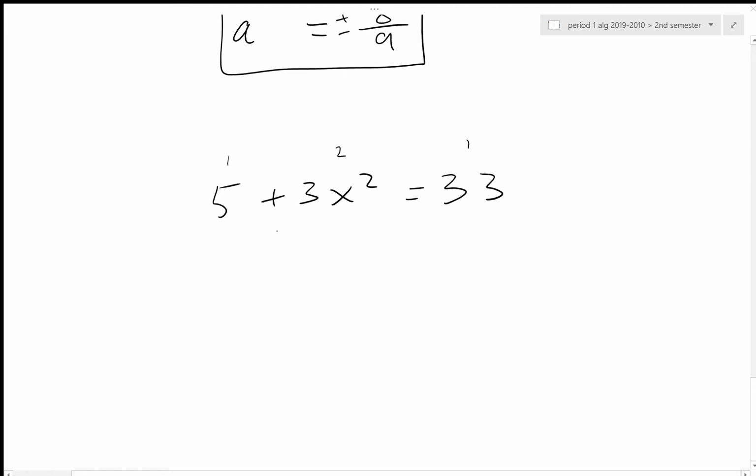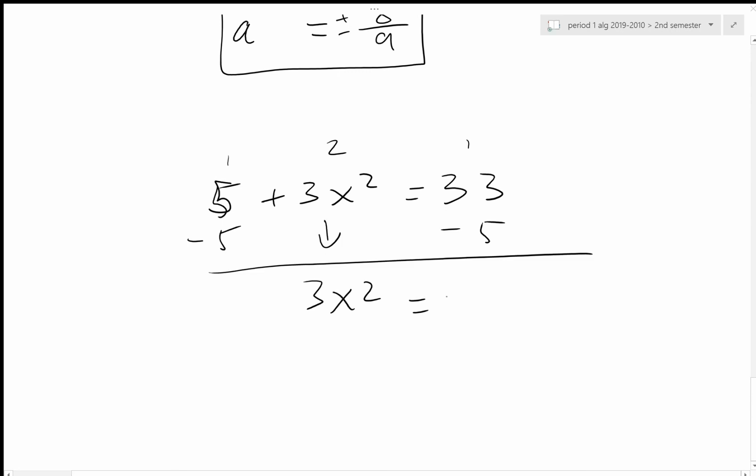So a lot of students are going to make this mistake and try to do this. That's wrong because that's a 2, that's a 1. So what you're supposed to do is do this one. So minus 5 minus 5. This comes down 3x squared equals 28.